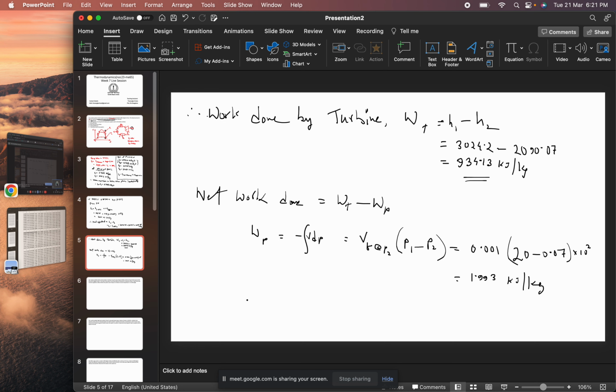Therefore net work done is 934.13 minus 1.993, which is 932.137 kilojoule per kg.